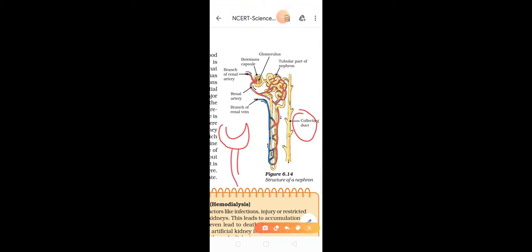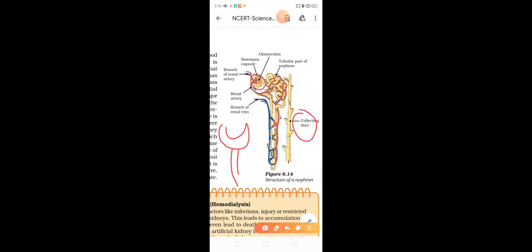Now what we have just read is that blood is carried into the kidney. The blood will move into the kidney, and inside the kidney it will be broken into capillaries, and those capillaries will have the waste material.